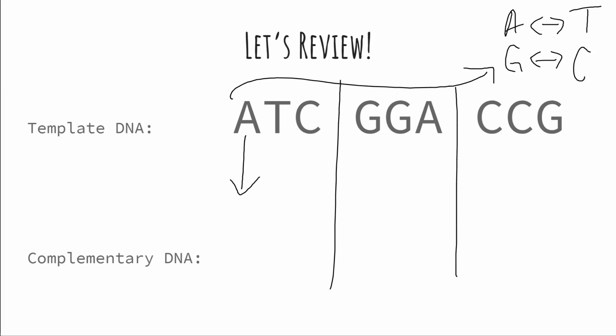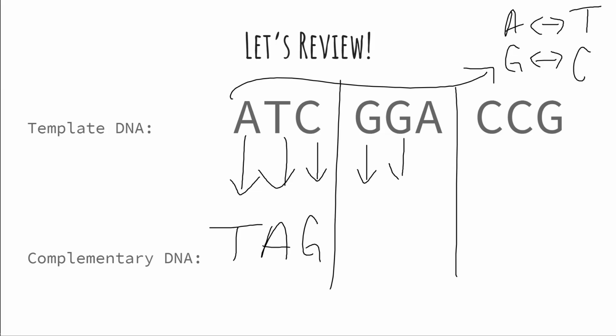Right, A pairs with T. What does T pair with? Right, and vice versa, T pairs with A. And what does C pair with? Right, G. What are our next three complementary base pairs?